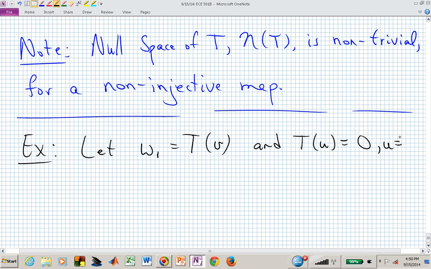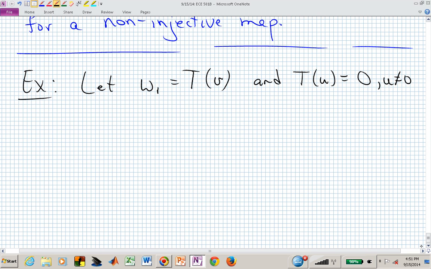And let's assume that that vector U is non-zero. Then we could actually create a new vector, Z, which is V plus U.